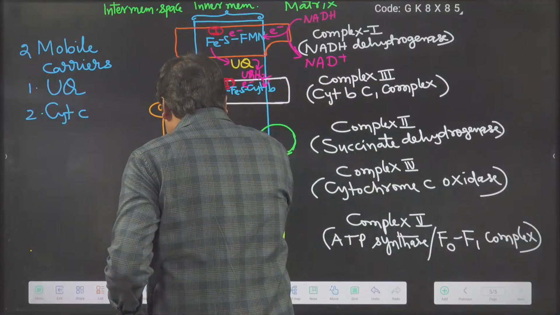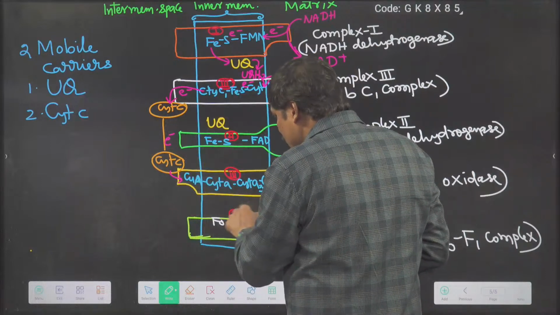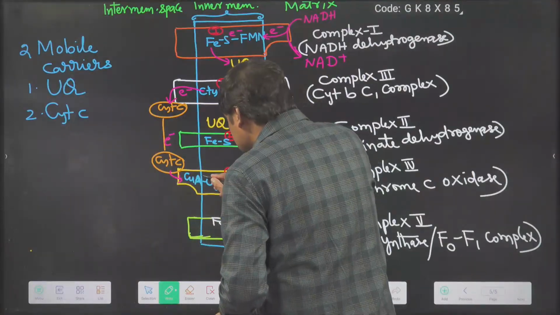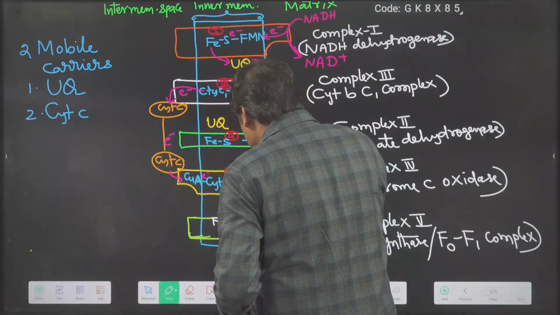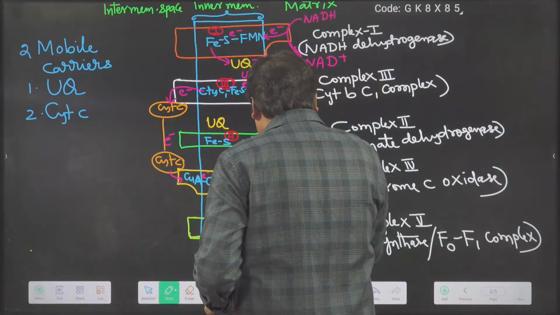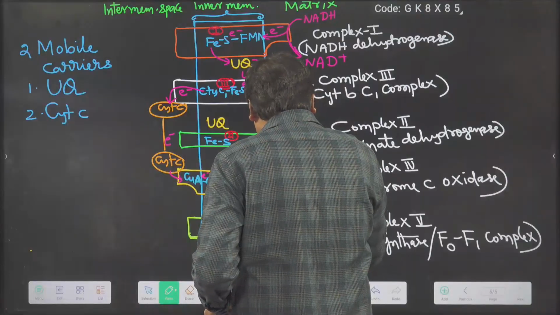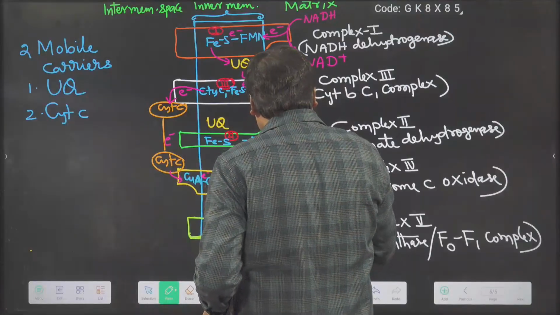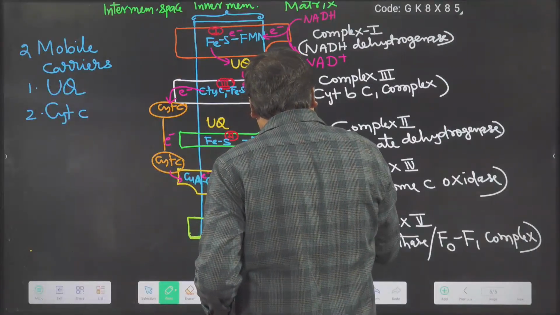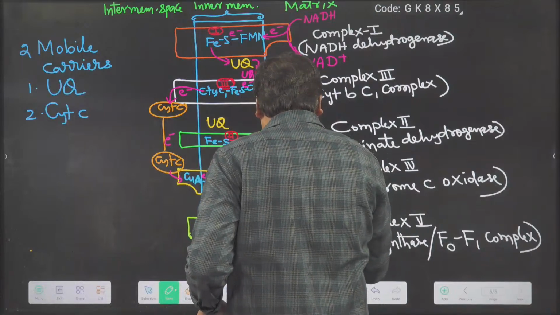In complex 4, the electrons are accepted first by copper A, then cytochrome A, then cytochrome A3, and finally copper B, and from here they are accepted by half O2 and also protons from the stroma, forming a water molecule.